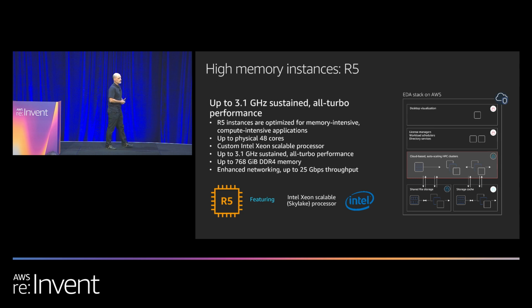And what we found with this instance was that customers that were previously running some of their workflows on the higher memory instance types that were the previous generation, the R4s, which only had 488 gigs, it seemed like it was just below the threshold for a lot of applications. I say a lot, but it was mainly STA that we were seeing that wasn't quite hitting that sweet spot.